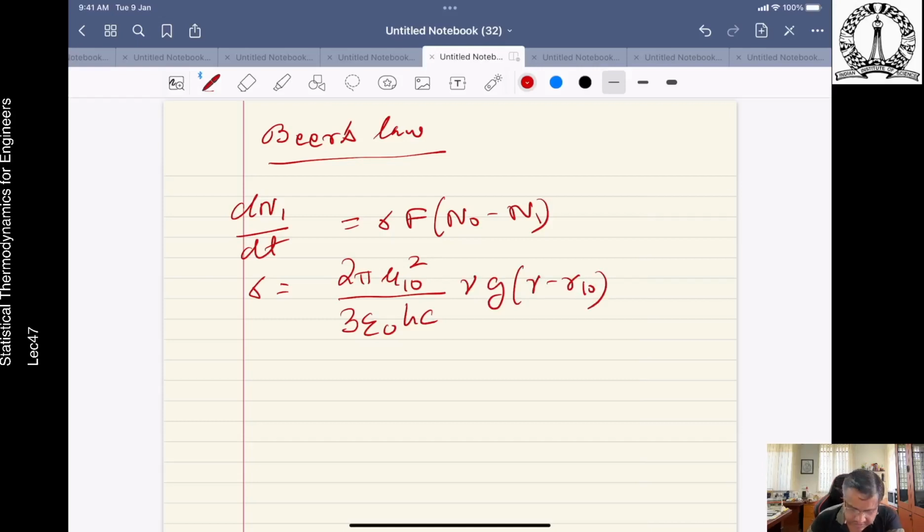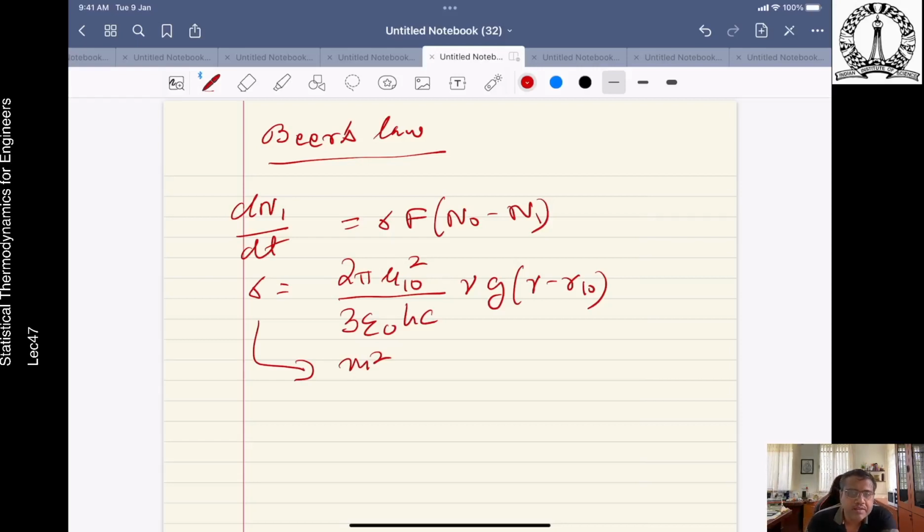Okay, this is the dimension of meter square. The physical interpretation, we also say this is the effective area that the molecule presents to a stream of photons of flux f.